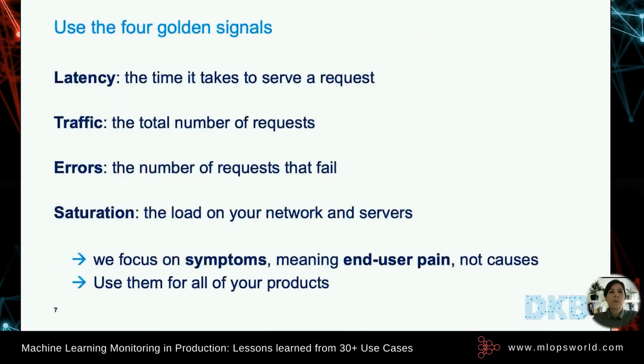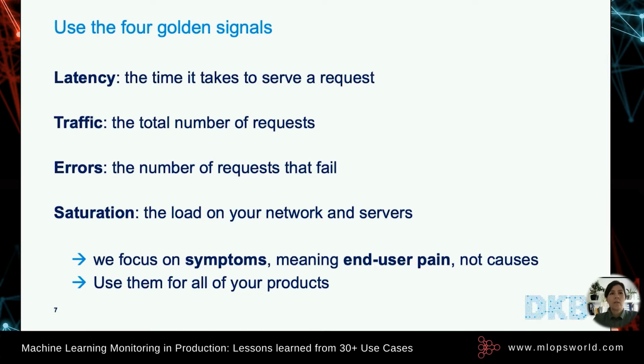So what do we use for backend monitoring? Typically, SRE, so Site Reliability Engineering from Google, came up with these 4 metrics, which are super useful for any backend service, which is latency, so the time it takes you to serve a request. Then traffic, how many requests you get. Errors, these are requests that fail.